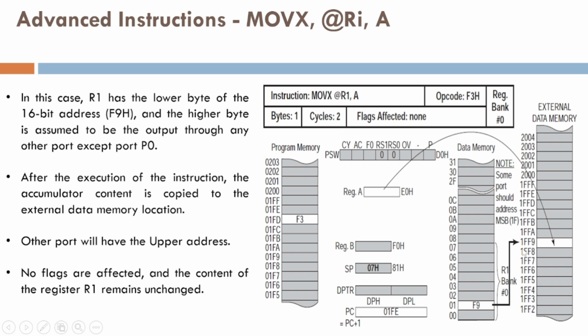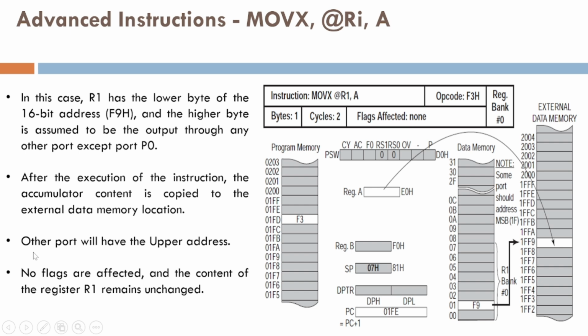So port 0 or any of the ports can be used to send 1F, and hence the 16-bit address is available, and that 16-bit address will point to a memory location where the accumulator content is stored. Whatever the accumulator content is, it can be any 8-bit data, and it is stored into the external data memory.